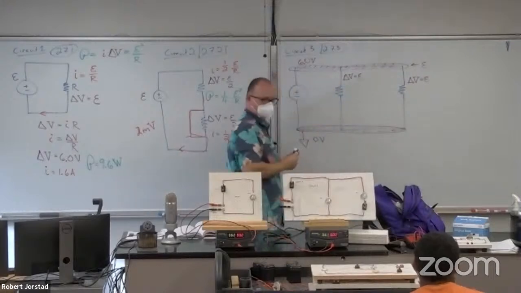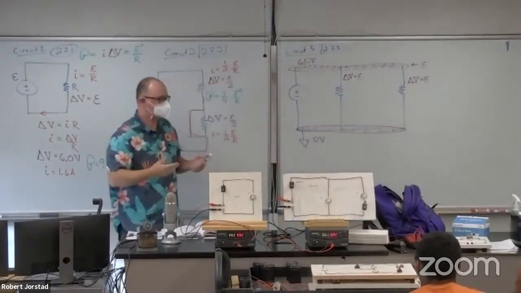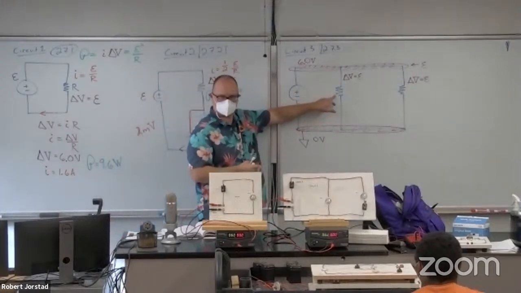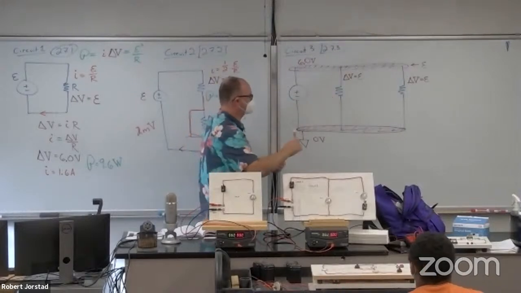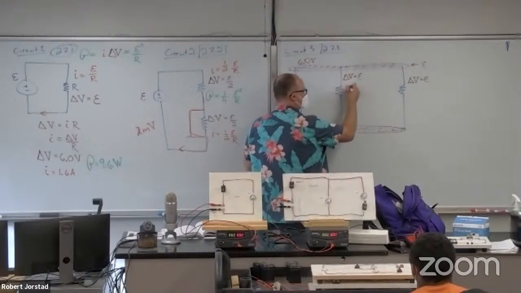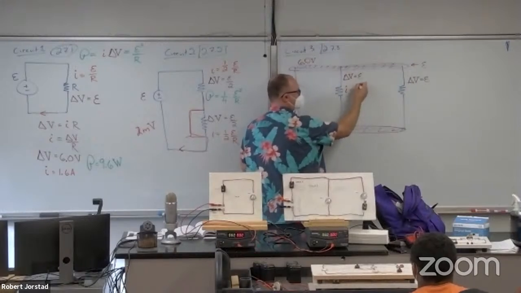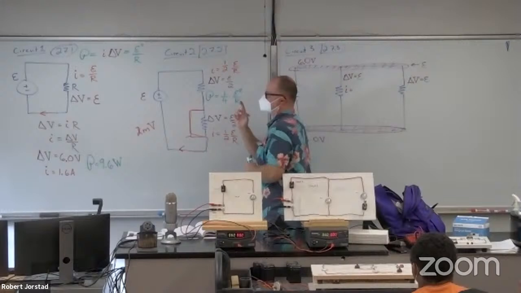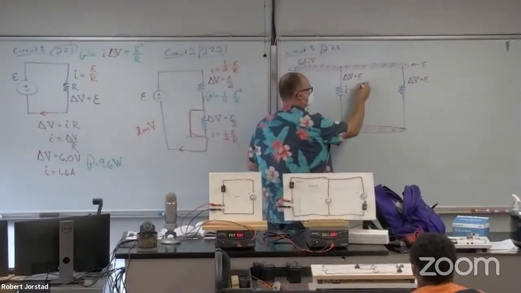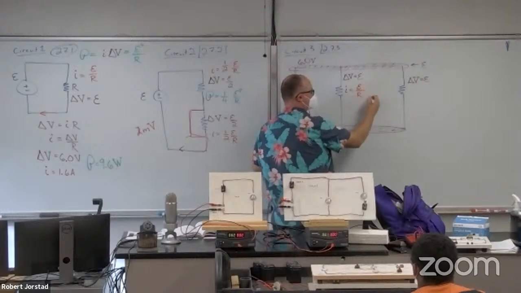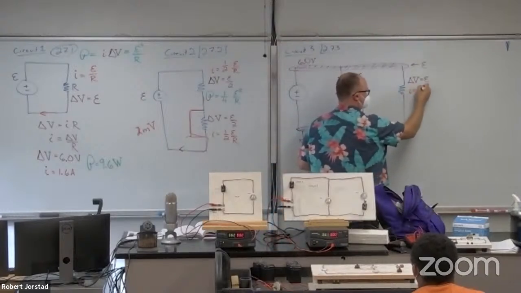All right, what's my current going to be? If I know the voltage across this resistor, and I know Ohm's law, what am I going to get for current? E over R, same as this circuit, right? For each branch.